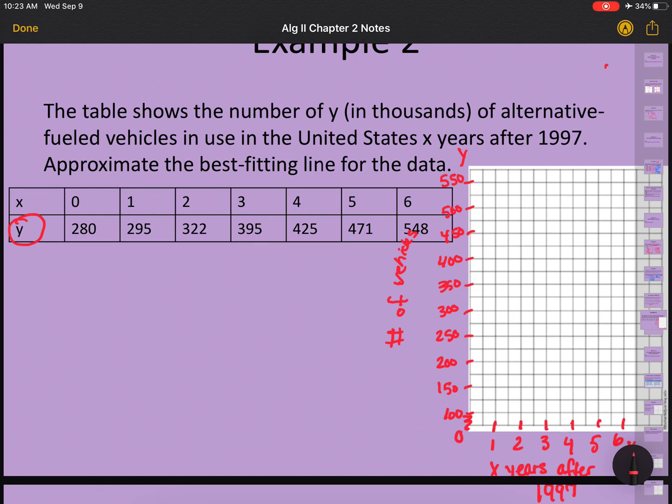So now I just graph these. So 0 and 280. It's not going to be quite perfect, I promise.